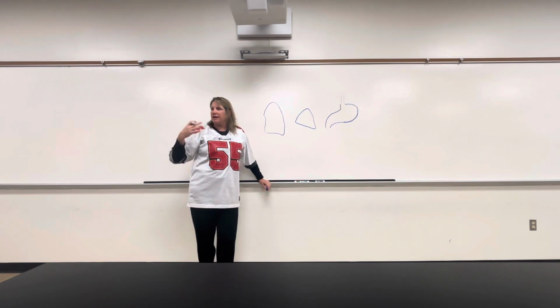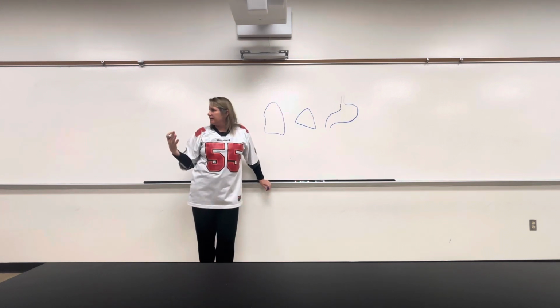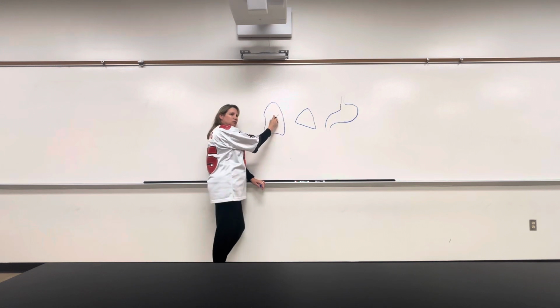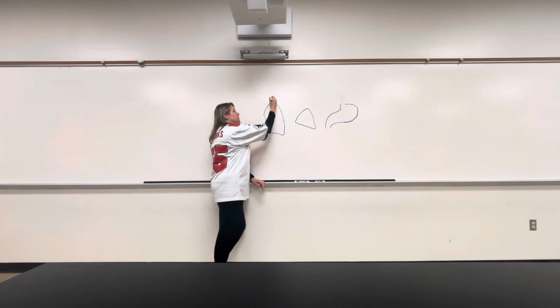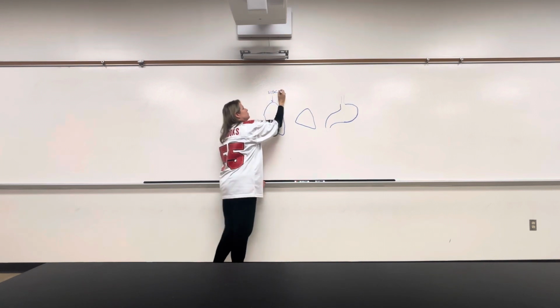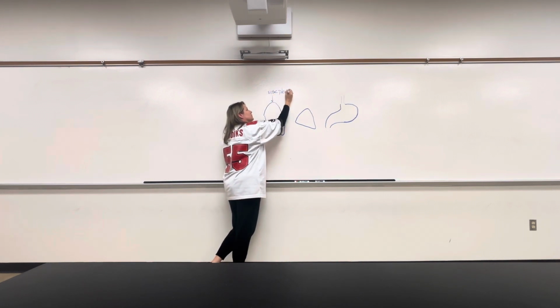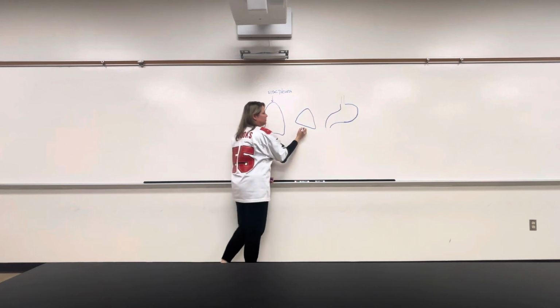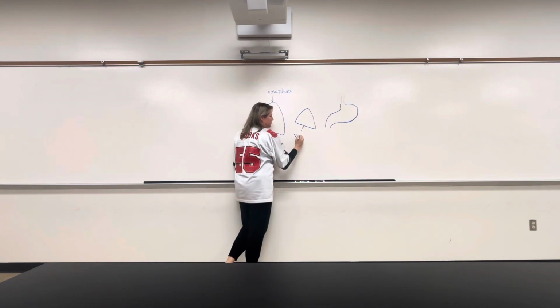And it has a different name depending on where the organ is. If it's associated with the lung, this layer is called the visceral pleura. If it's around the heart, it's called the visceral pericardium.